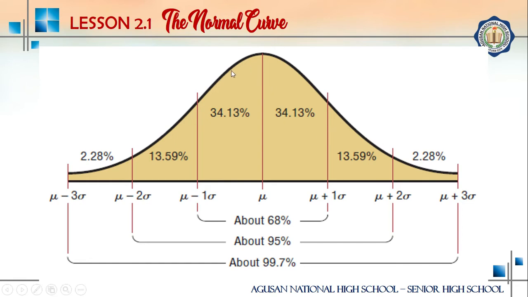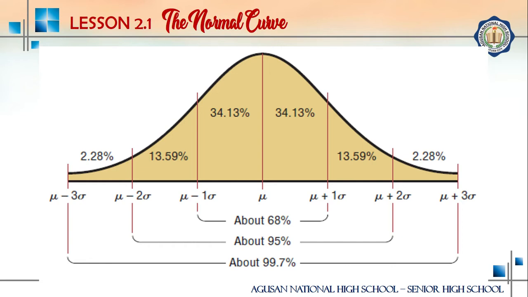So this is our normal distribution. Notice the center, it's the mean. And then this is one standard deviation below the mean and one standard deviation above the mean. So the one standard deviation is the 68%, and then 2 standard deviations below the mean and 2 standard deviations above the mean is the 95%, and then 3 standard deviations below the mean and 3 standard deviations above the mean is the 99.7%.